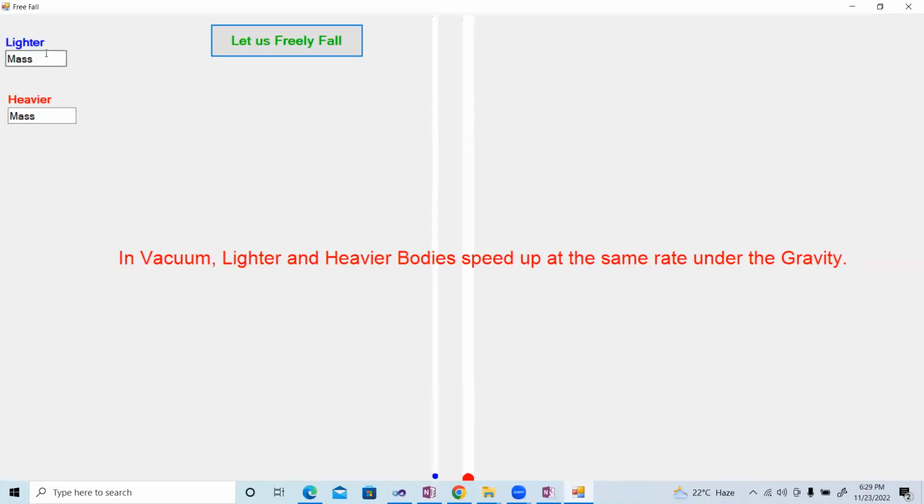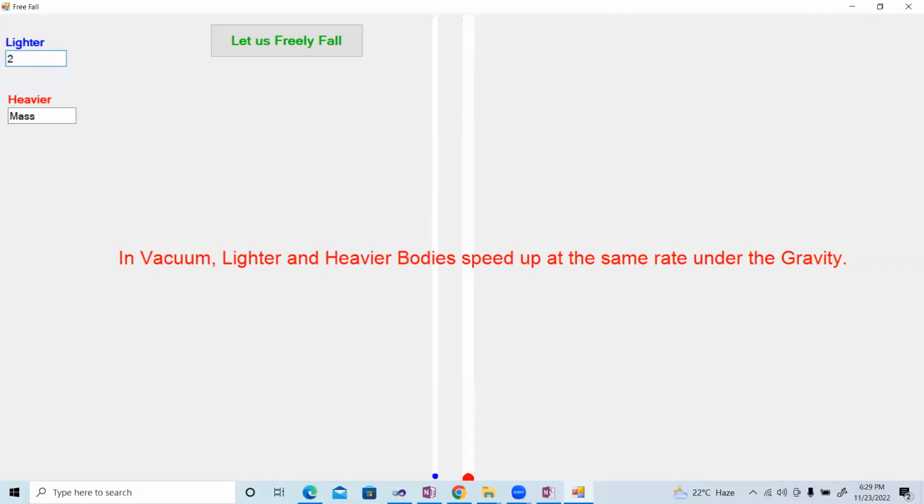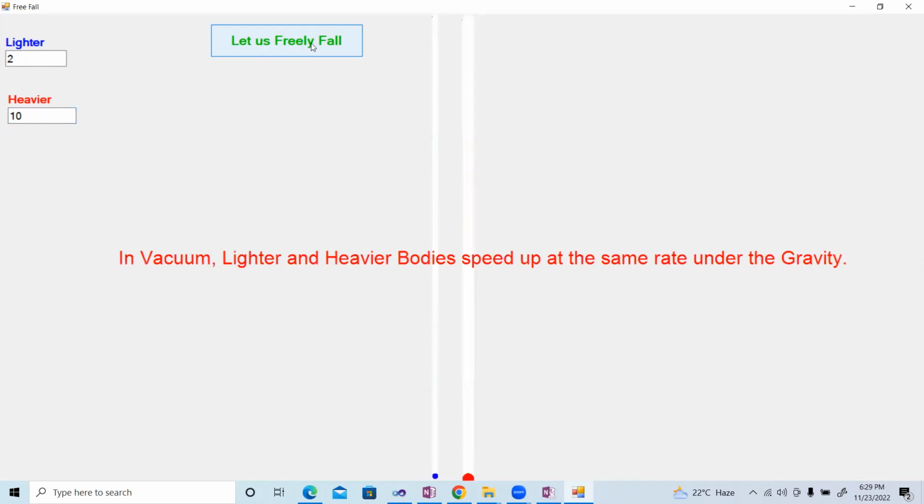Let's say the mass of the lighter body is 2 kg, and the mass of the heavy body is 10 kg. Even then, if we let them fall freely, only under the action of the gravitational force of Earth, we'll see that both bodies will fall down simultaneously.